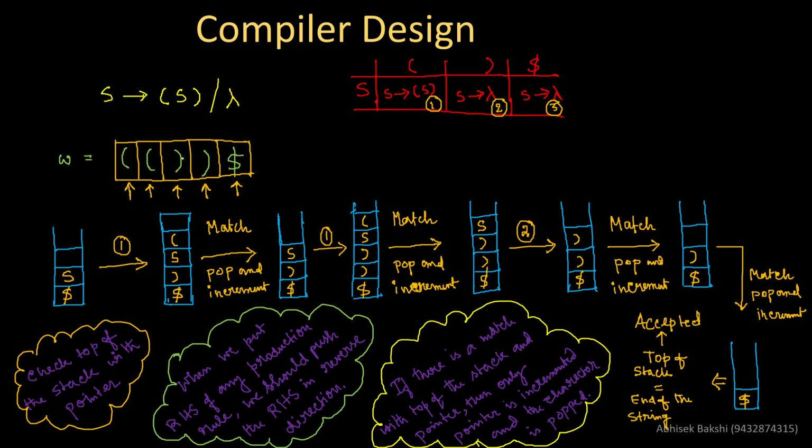Now if you find there is one more symbol, for example, by any chance, if I take another string W, which is basically something like an opening brace, then 3 closing braces, so naturally you can say that this is not correct, and there will be a dollar at the end, right?